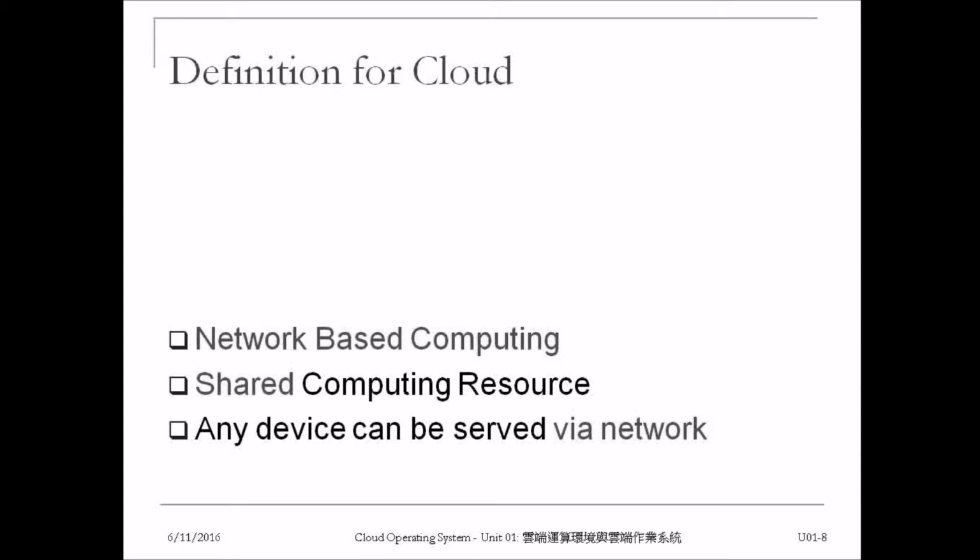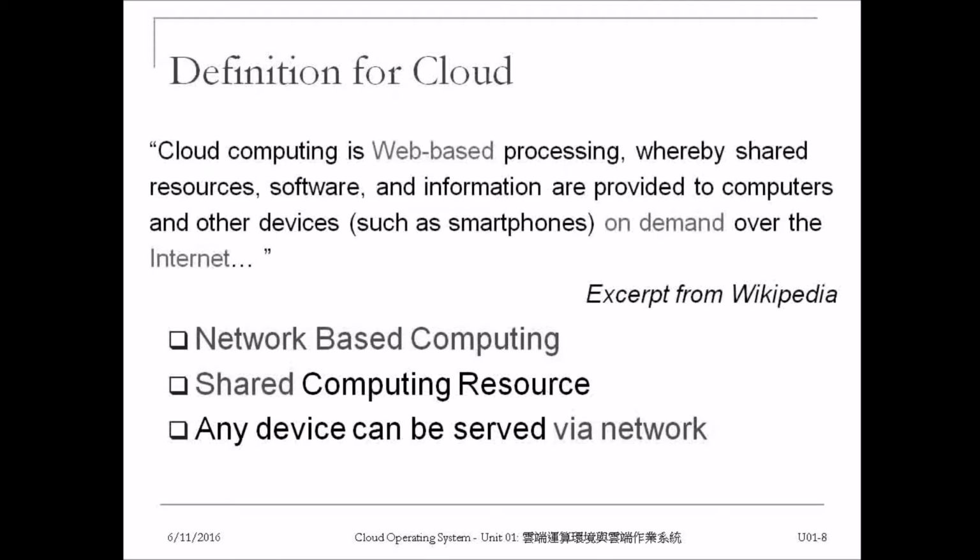So, the best definition of the cloud server or cloud computing would be: cloud computing is web-based processing whereby shared resources, software, and information are provided to computers and other devices, such as smartphones, on demand over the Internet.